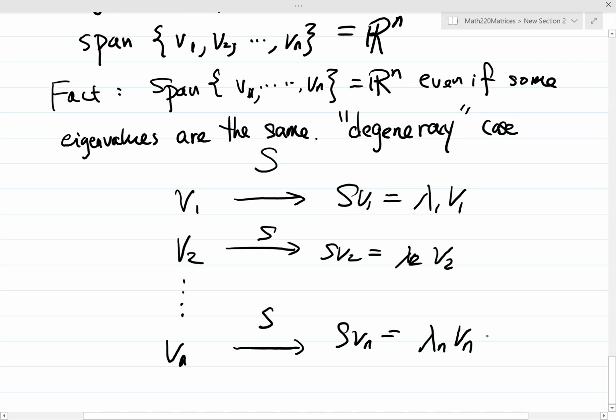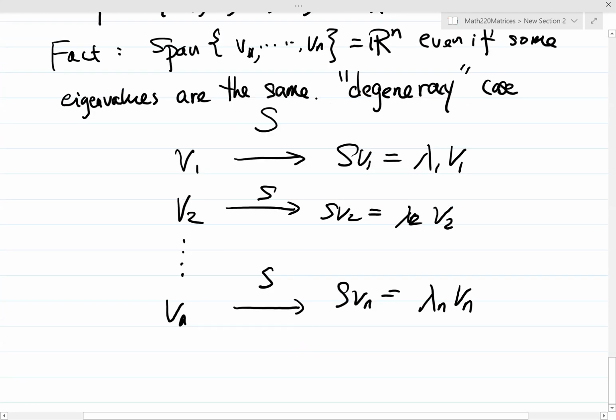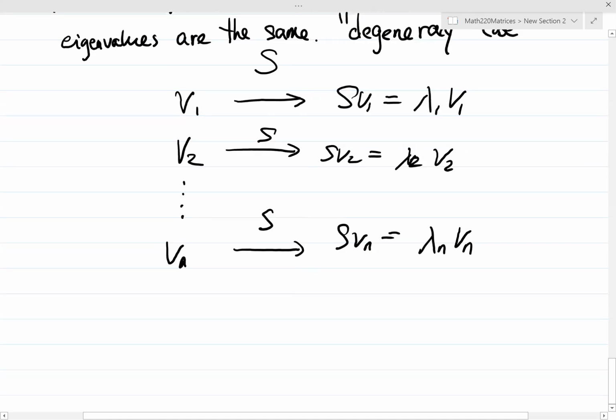The v1, v2, up to vn are orthogonal. So we can view S as a projection matrix, where the directions it projects onto are its eigenvectors.